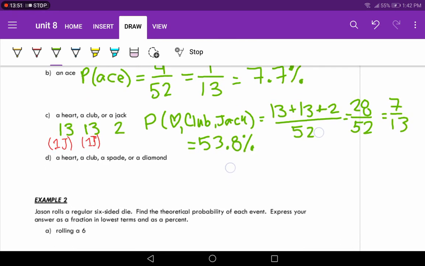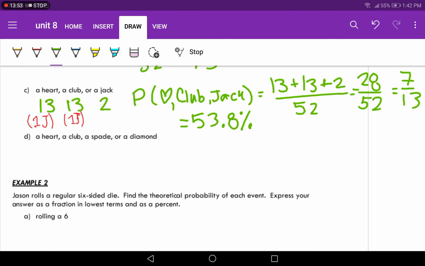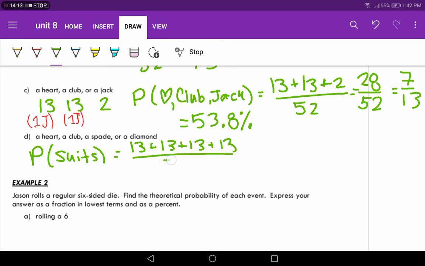Okay, last one in this example. What is the probability of us drawing a heart, a club, a spade, or a diamond? Okay, so the probability of suits, we know there's 13 hearts, 13 clubs, 13 spades, and 13 diamonds, and there's 52 cards in total.